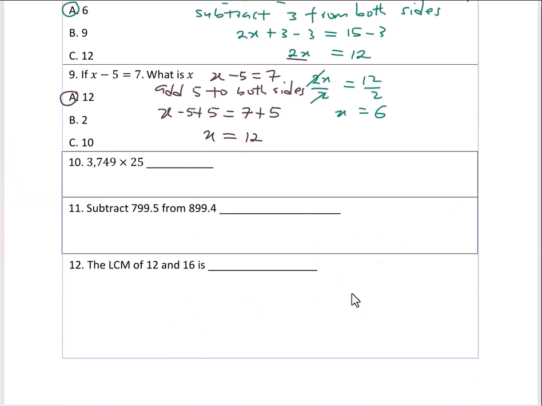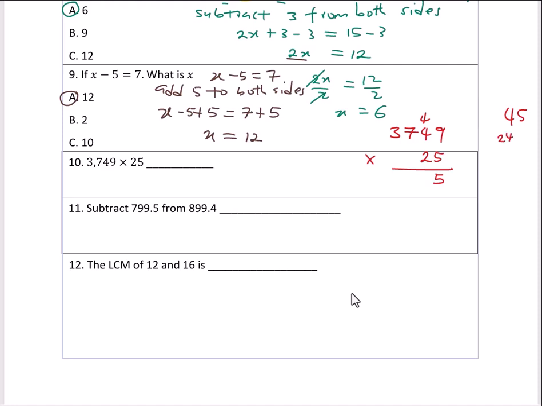For question number 10, we have 3,749 multiplied by 25. So let's multiply. 5 times 9 is 45. So we write 5 and carry 4. 5 times 4 is 20. 20 plus this 4 becomes 24.